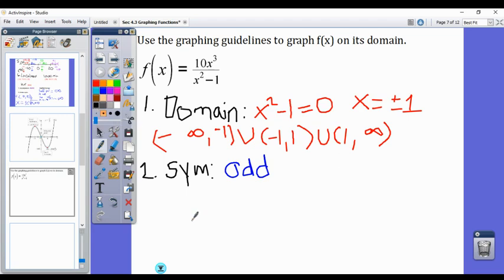Okay, so this is going to be using the quotient rule. So for my first derivative, my low is x squared minus 1. Derivative of the low is 2x. My high is 10x cubed.